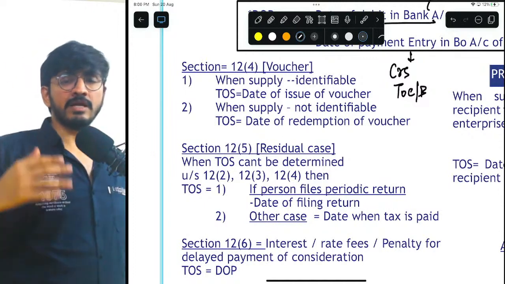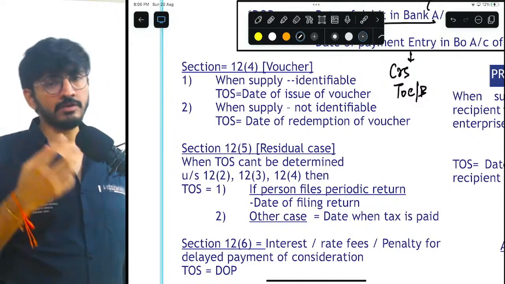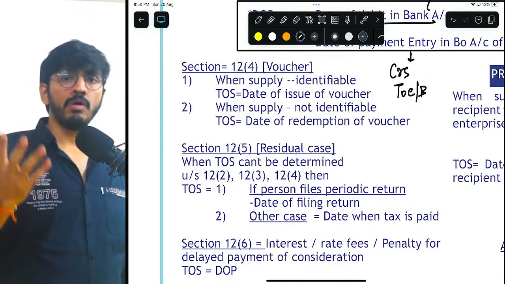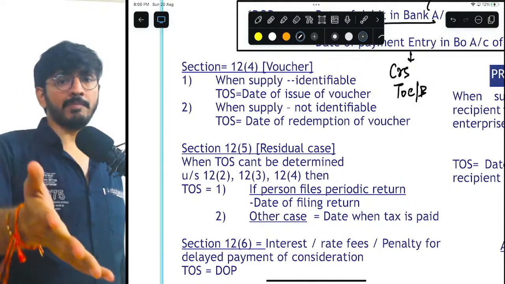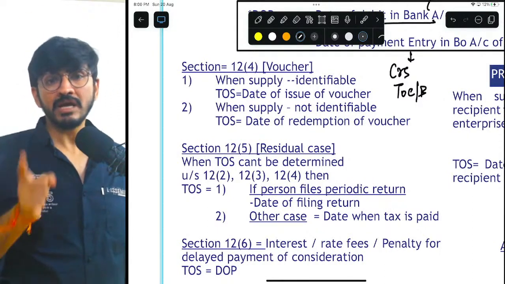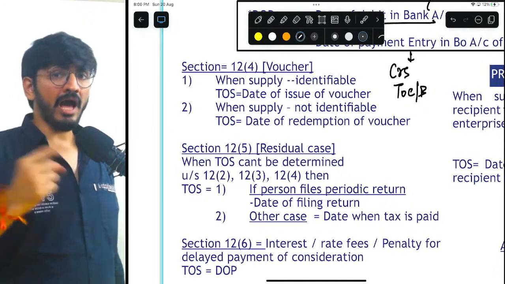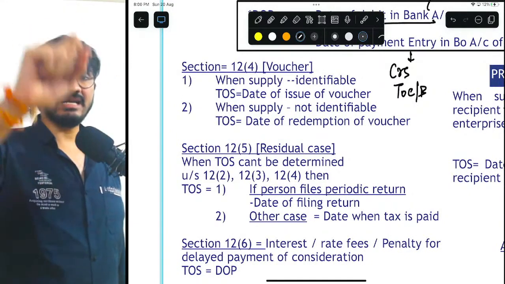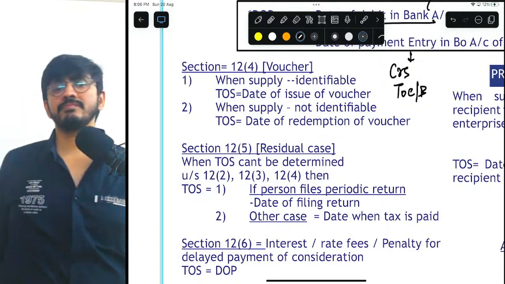So let's say the voucher was issued in April, and you redeemed it in July. Now in July the supplies happened, so I will pay tax in August because I now know what has got redeemed. I know now what has got sold, and accordingly, I will take that rate and apply it.